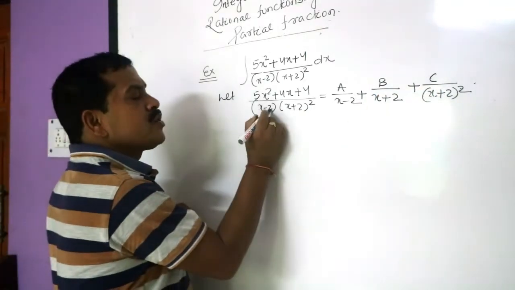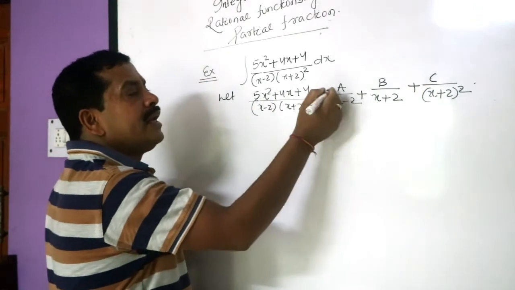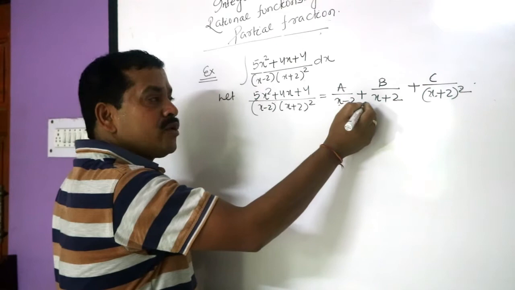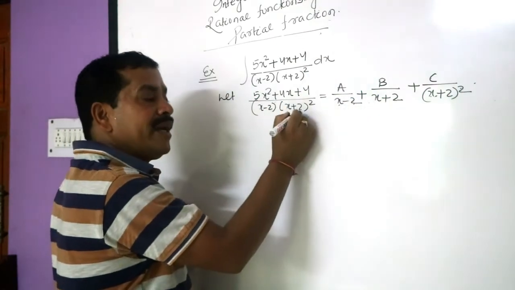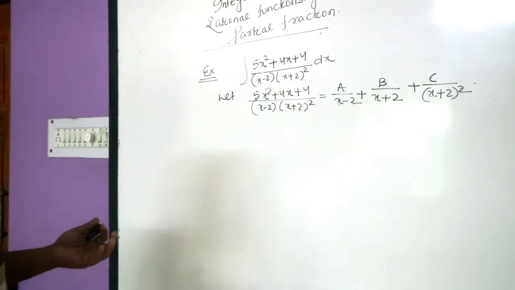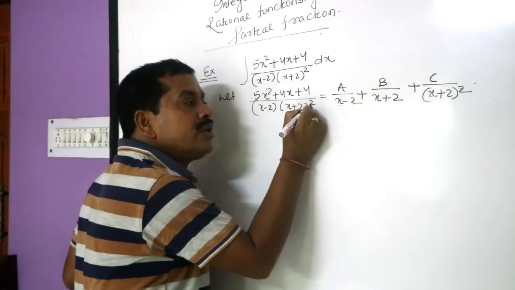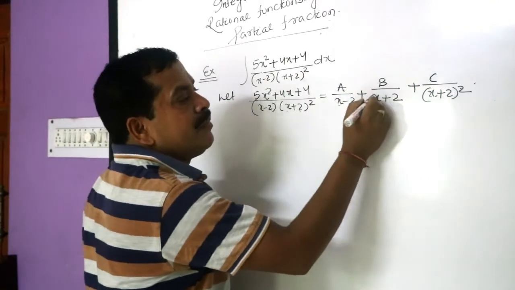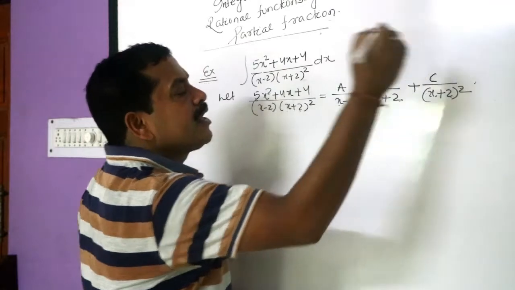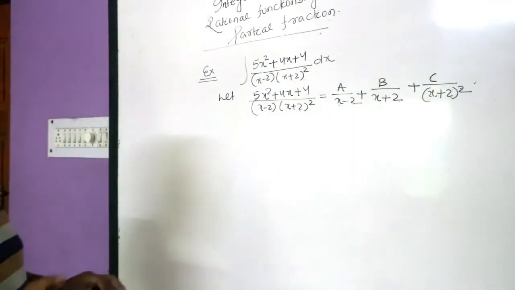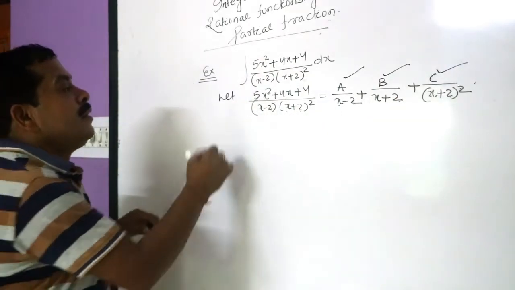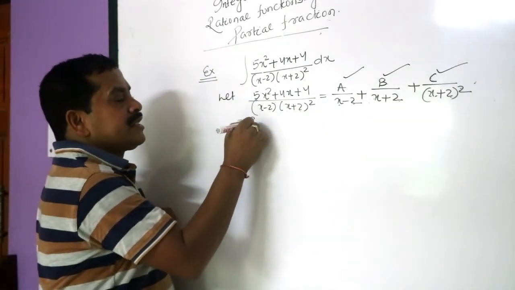If it is x minus 2 whole square and x plus 2 whole square, then you have to take a by x minus 2 plus b by x minus 2 whole square plus c by x plus 2 plus d by x plus 2 whole square. If it is x plus 2 whole cube, then you take b by x plus 2, c by x plus 2 whole square plus d by x plus 2 whole cube. Next, we have to find the value of a, b, c. Take LCM on both sides.